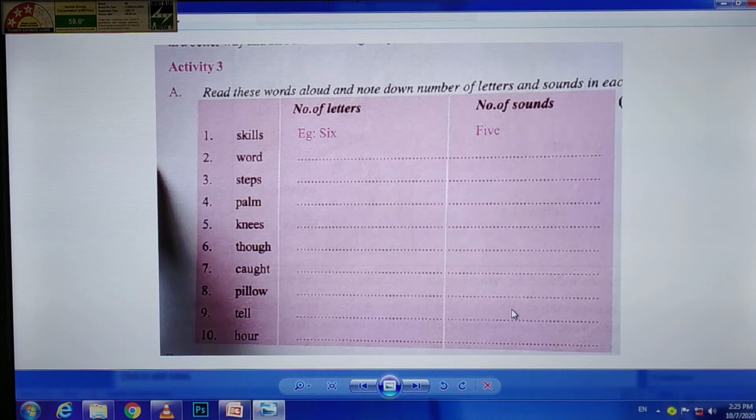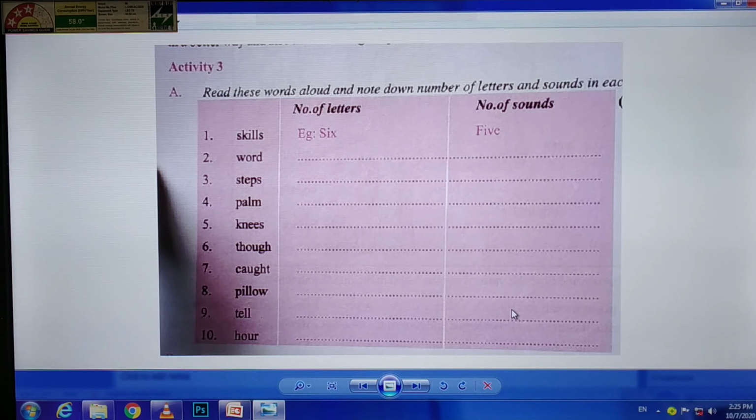Number of letters, you can just count: 1, 2, 3, S-K-I-L-L-S, 6 letters. But number of sounds, if you pronounce it once again, skills: S, K, I, L, Z. So these are all phonemic sounds. It is only 5 sounds. Number of letters is 6. Number of sounds is 5.